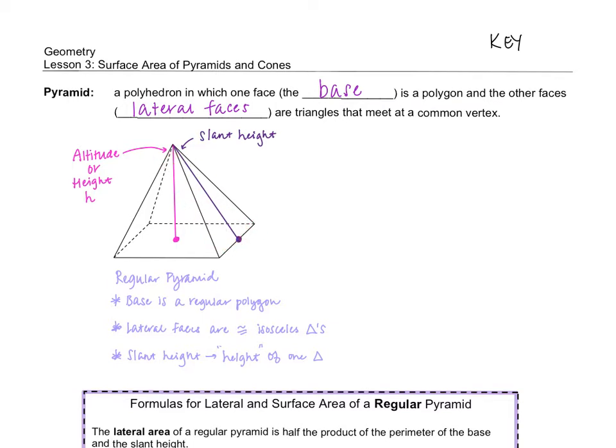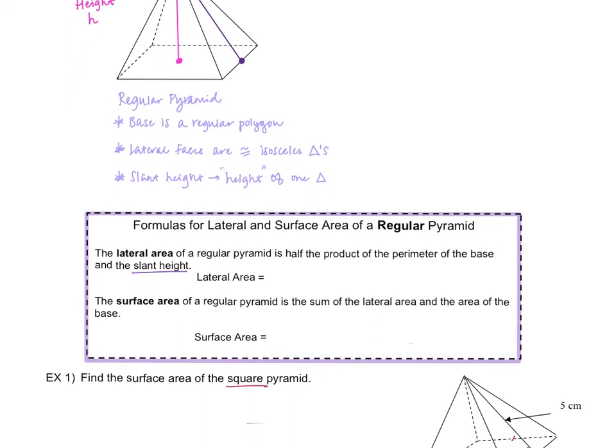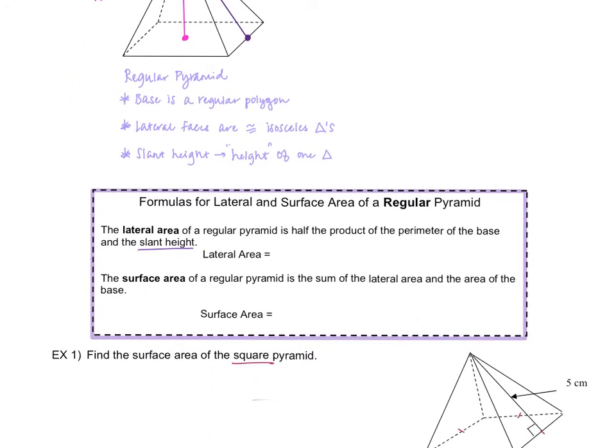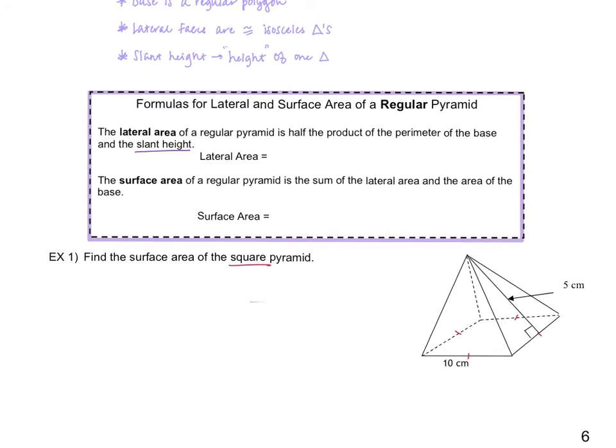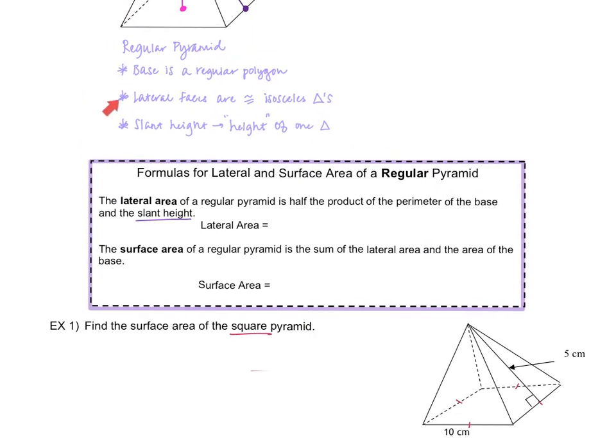We're going to continue downward and start to build on the formulas of these regular pyramids. We're going to look at the lateral area and the surface area, or as I always say, the lateral surface area and the total surface area. Remember, a regular pyramid has the properties that we have above.